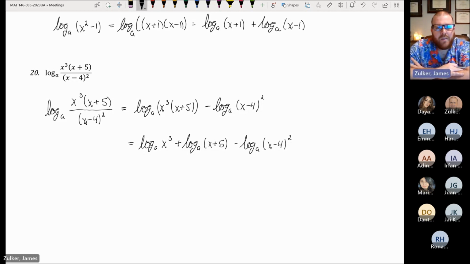That means it's the sum of logs. Is there anything else we can do?